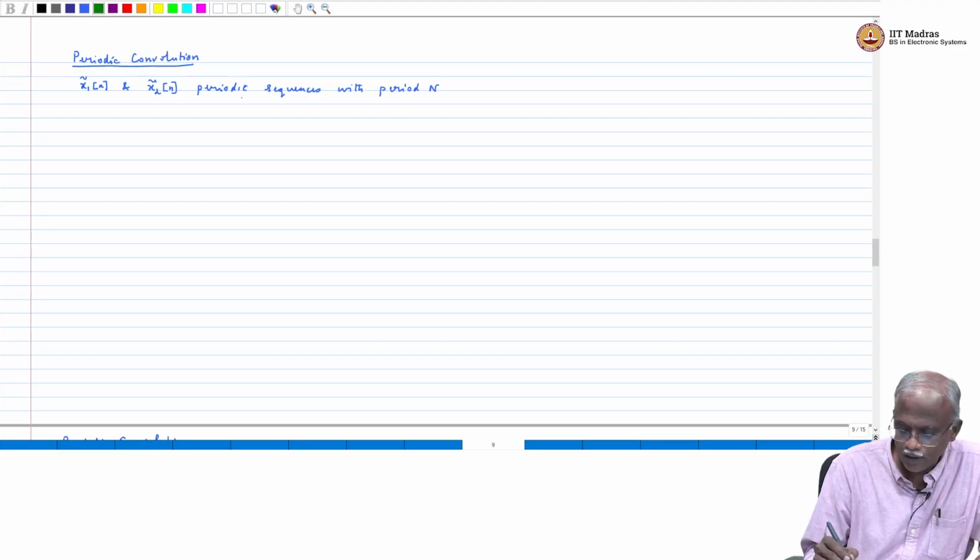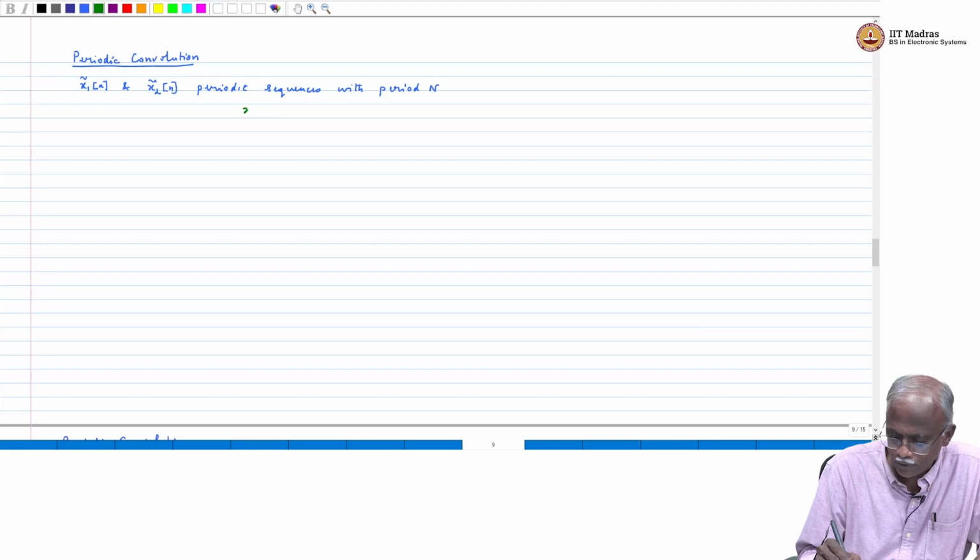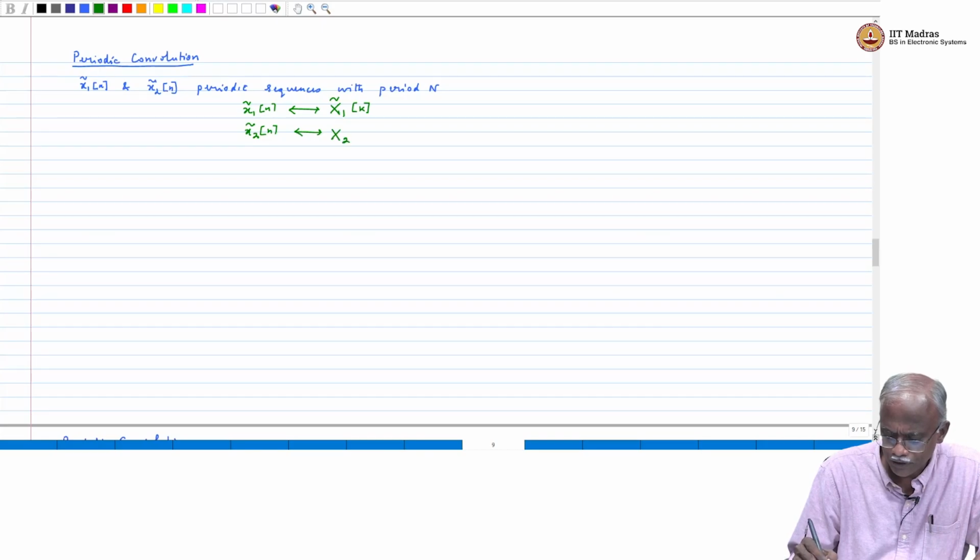And they have the corresponding discrete Fourier series representation. x1 tilde of n has got a DFS given by x1 tilde of k, x2 tilde of n has got a DFS given by x2 tilde of k.